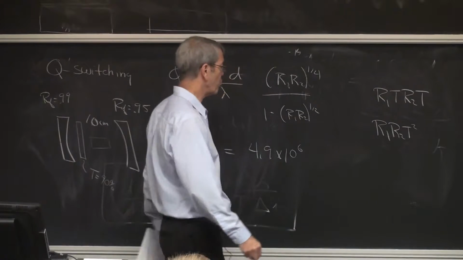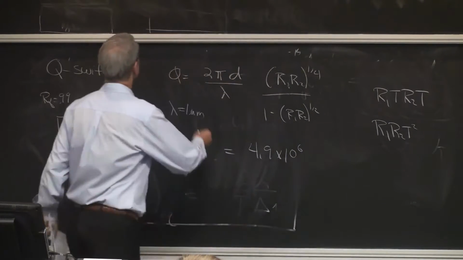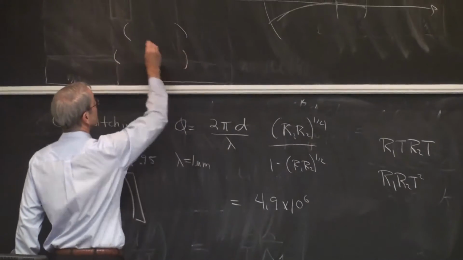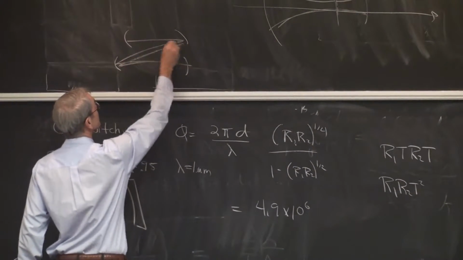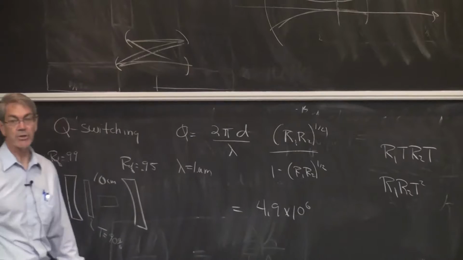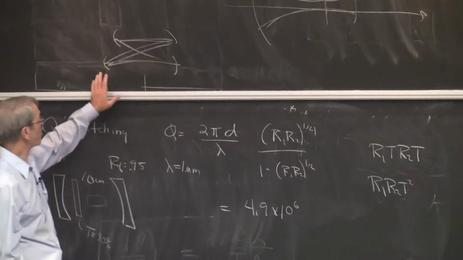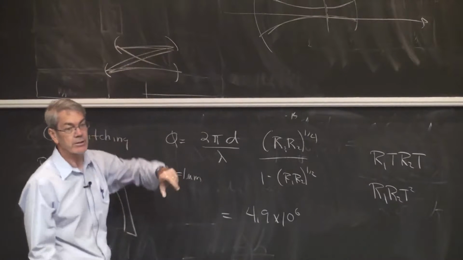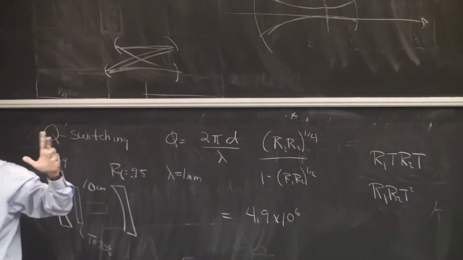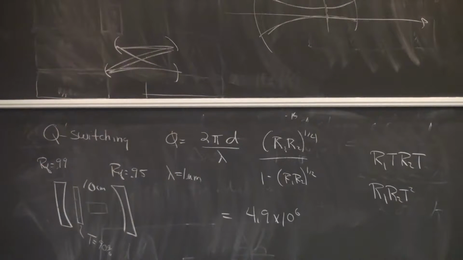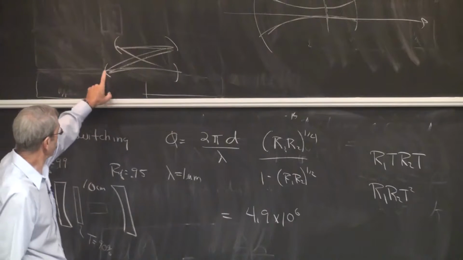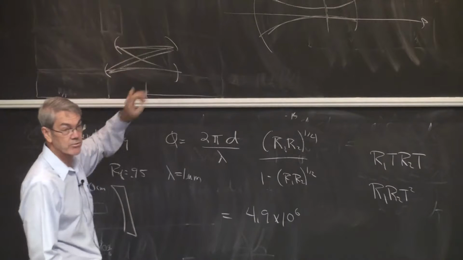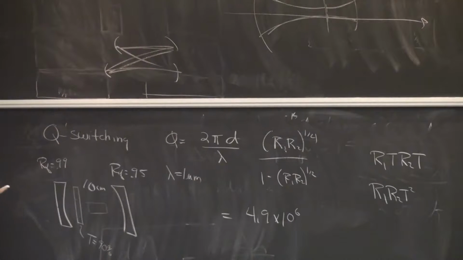Another way to think about this is, what if I had a cavity that looked like this? So I have a lot of mirrors. I wouldn't just have R1, R2, I'd go R1, R2, R3, R4. I have to hit every mirror to figure out how much is staying in the cavity. So this is like going 99%, 90%, 90%, 95%, and then back and so forth. It's just like adding a couple more lossy mirrors.